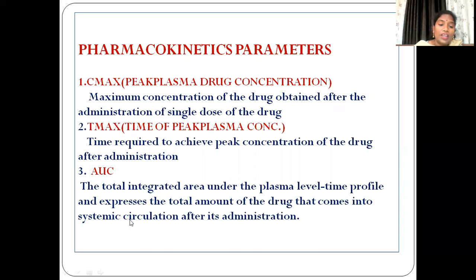AUC is the integrated, total area: how much drug is available within the plasma and for how much time. We call it the total integrated area under the plasma time profile, expressed as the total amount of the drug that comes into the systemic circulation after administration.